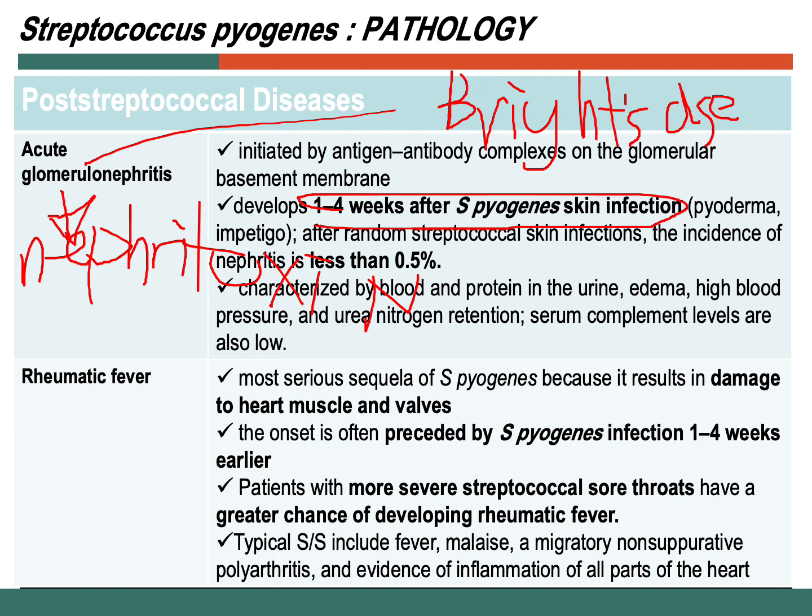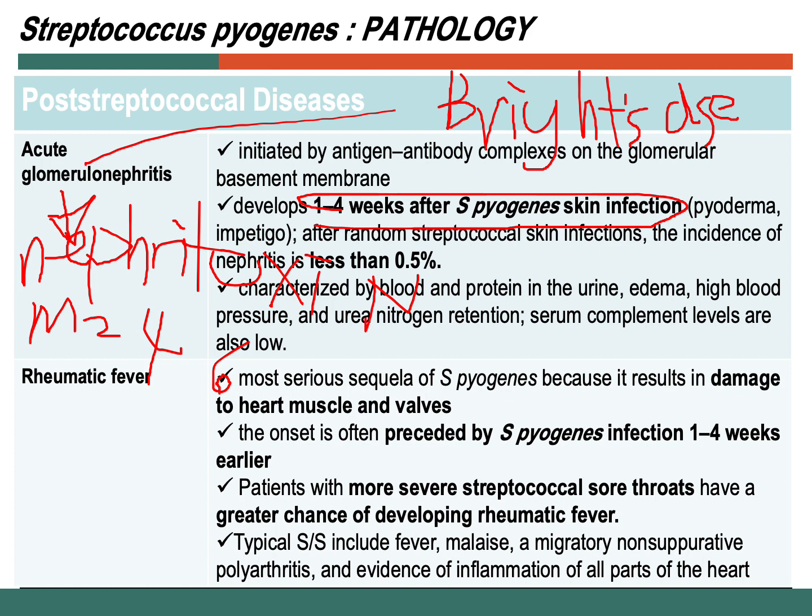Some of the organisms produce nephritogenic toxin, particularly the M protein types M2, 4, and 6. These are the nephritogenic strains of Streptococcus pyogenes.